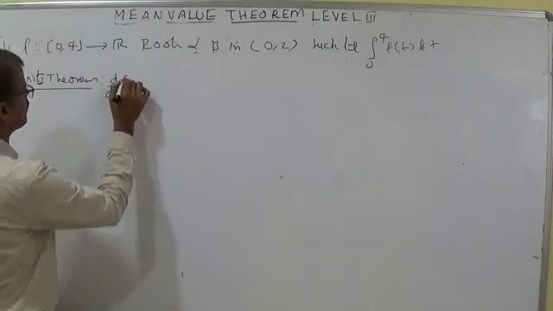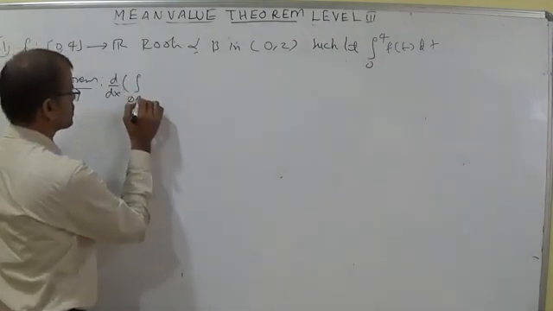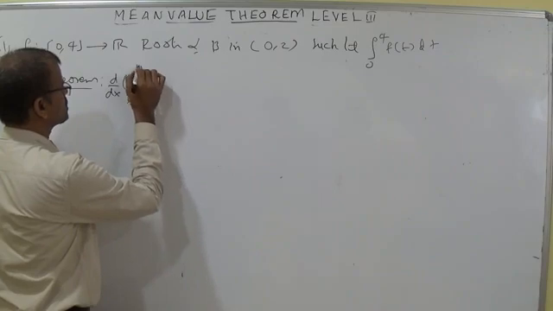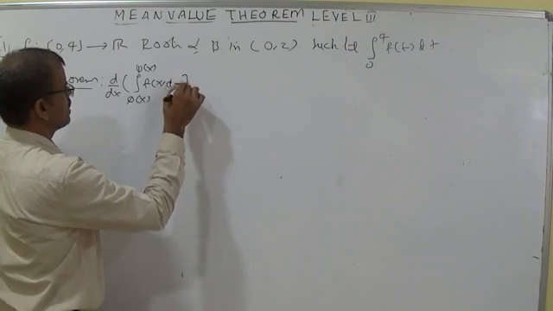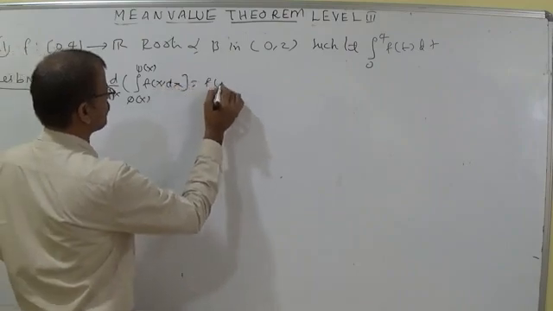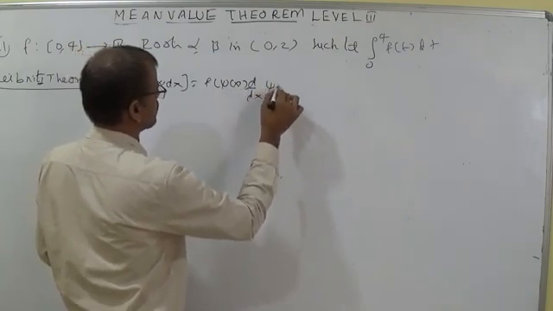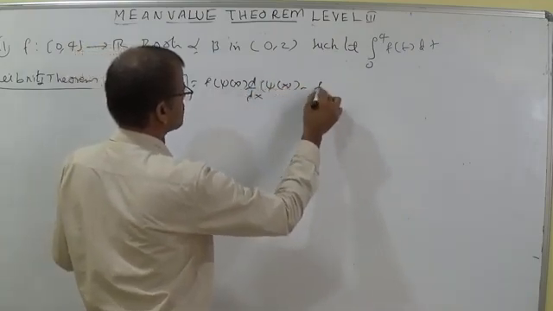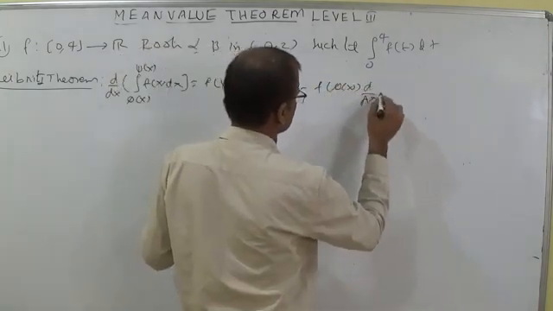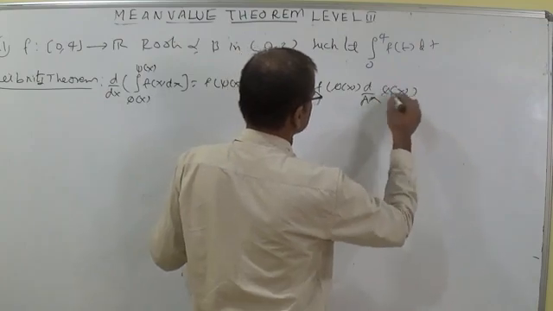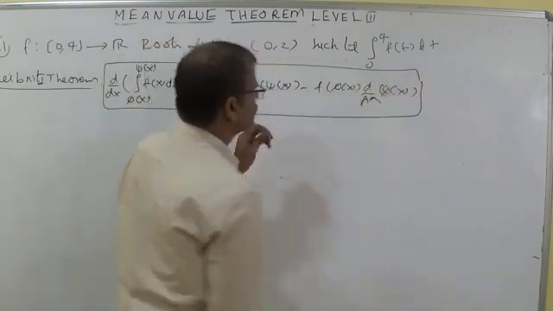The relation of derivative and integration: d by dx of integral phi of x to psi of x f of x dx is equal to f of psi of x into d by dx of psi of x minus f of phi of x into d by dx of phi of x. This is the Leibniz theorem. It will be useful for us now.